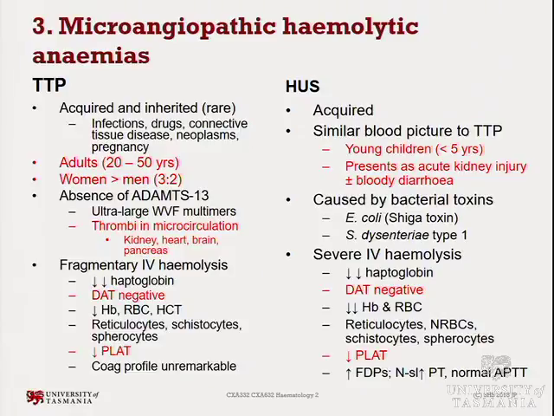Okay, so we get fragmentation and lysis of the erythrocytes. And so we get a hemolytic anemia, we get schistocytes and spherocytes because we've got intravascular hemolysis in this microvasculature, and we also get a decreased platelet count because the platelets are being activated.